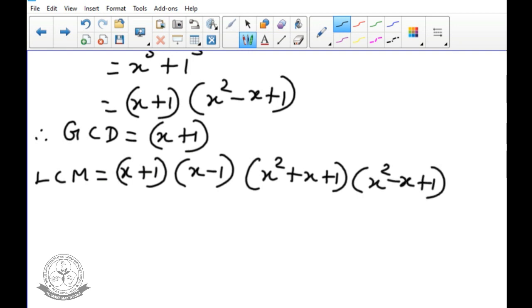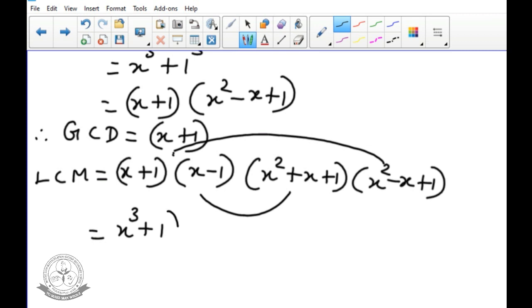So x plus 1 into this one equals what? a cube plus b cube. Like this, x minus 1 into this is what? a cube minus b cube. So we can write x cube plus 1, next x cube minus 1.